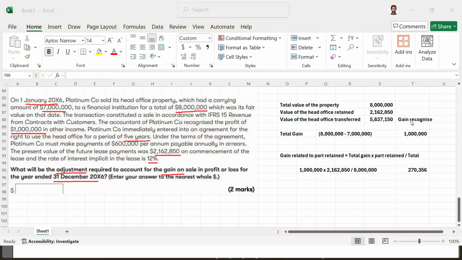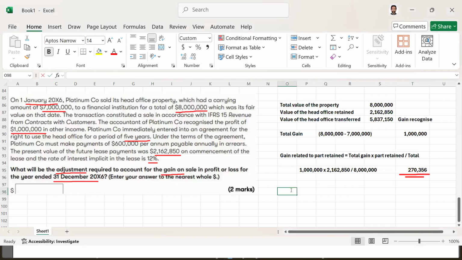So we need to make this adjustment. This is the adjustment. They have recognized the whole gain. So when we adjust this part, which is related to the part that has been retained, automatically what is left is related to the part that has been transferred.